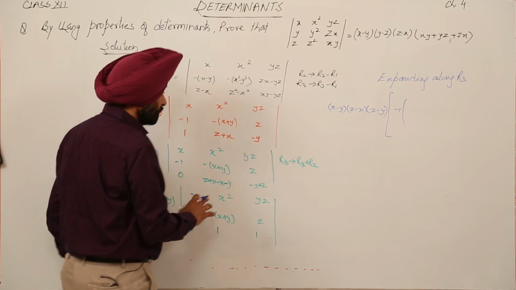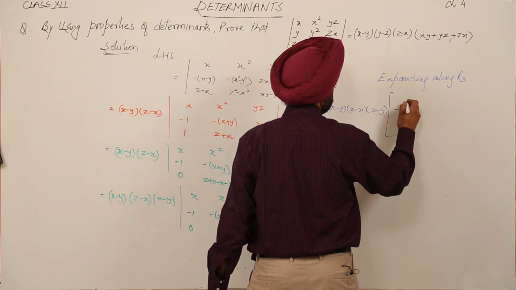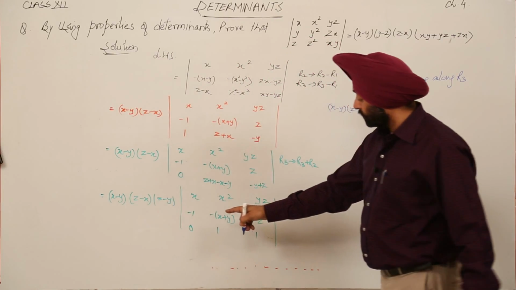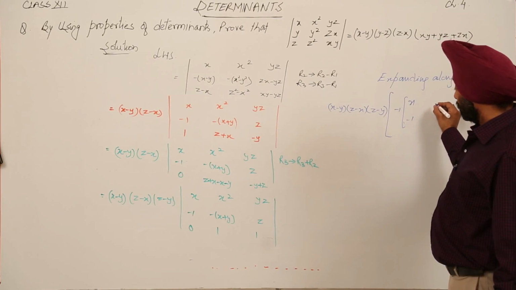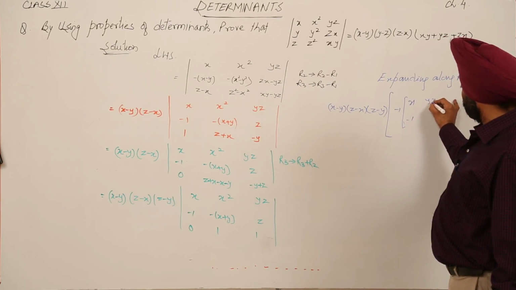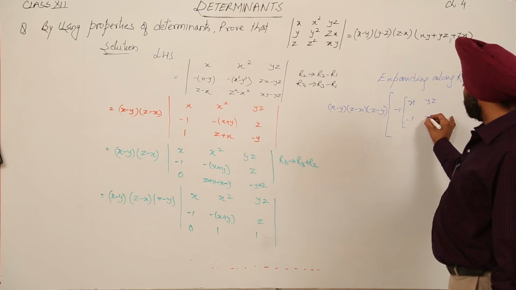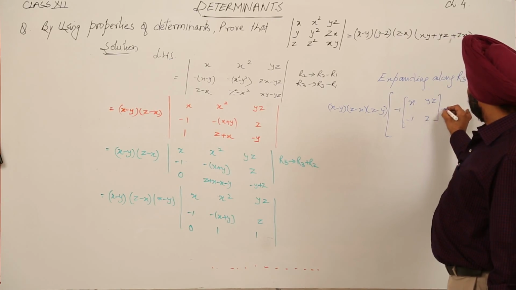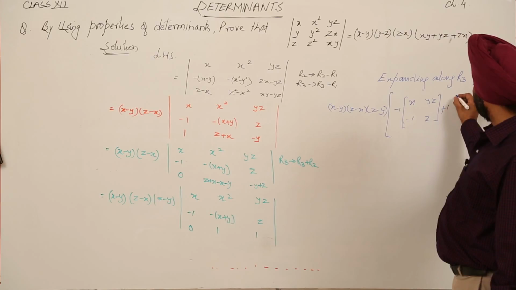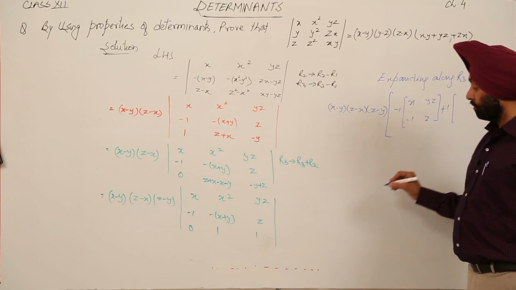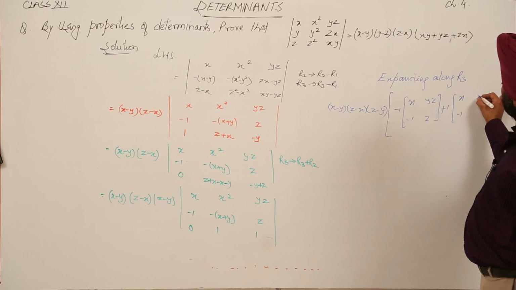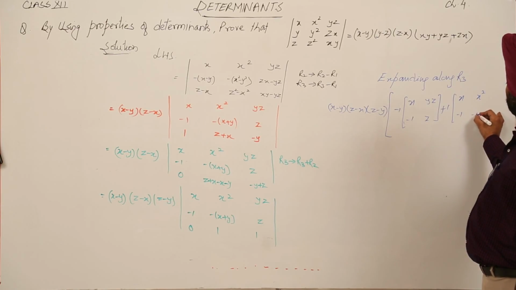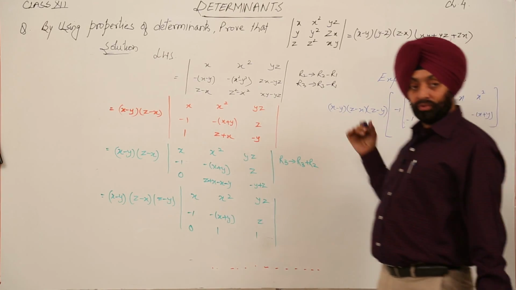Okay, so let me write it like this first to make you understand in a better way. We are having x, minus 1 and yz with z, plus again 1. Here we are having now x, minus 1, x square with minus x plus y. This we have to solve like this.